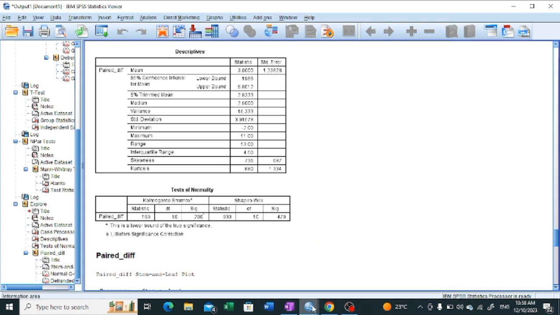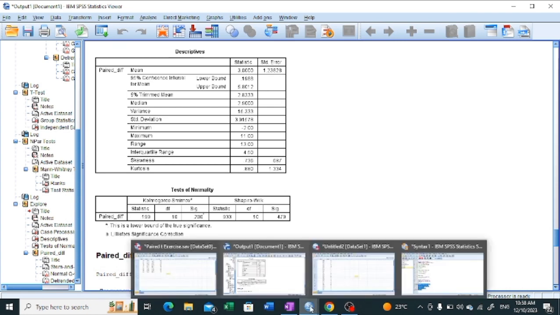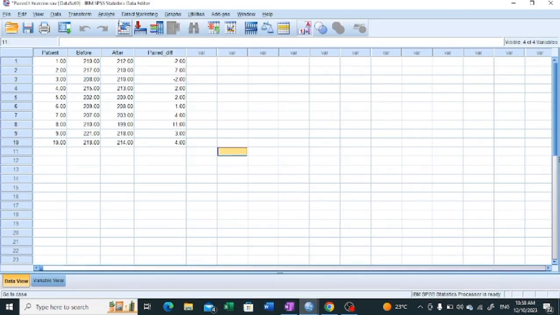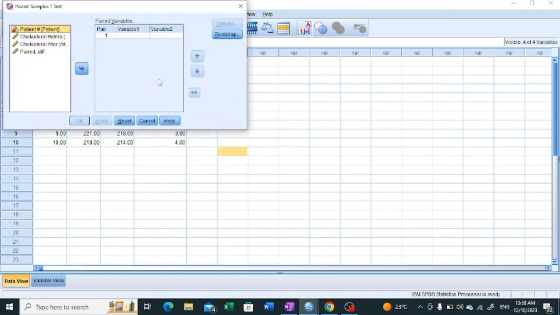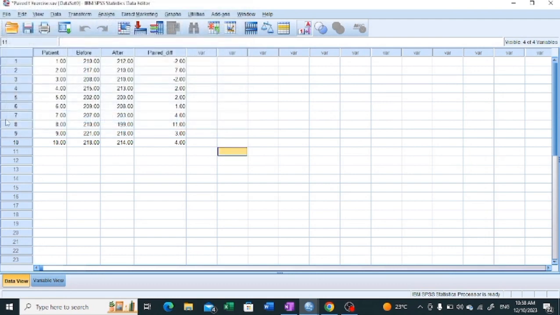So, how do we perform paired T test? Analyze, compare means. Paired sample T test is the option that we are going to use. So, we take cholesterol level before program as variable 1, cholesterol level after program as variable 2, and we paste this.